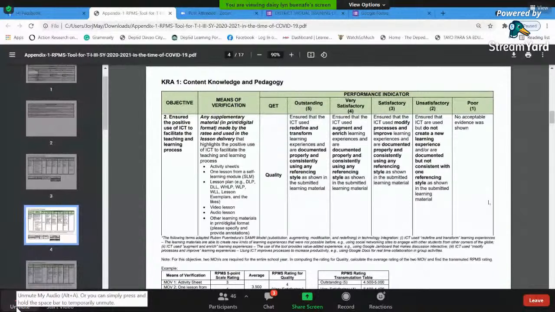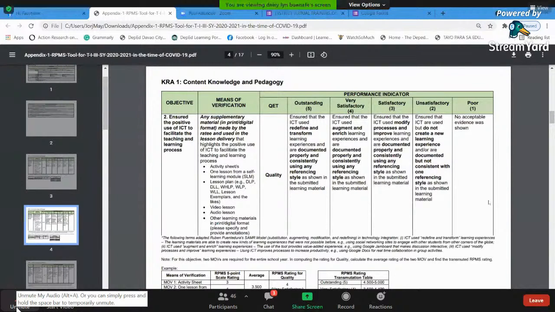Okay. So ang mga MOVs na magamit diri kay activity sheets, one lesson from a self-learning module, lesson plan. When we say lesson plan, it could be your detailed lesson plan during your class observation or your daily lesson log.